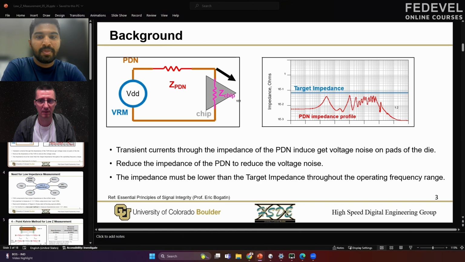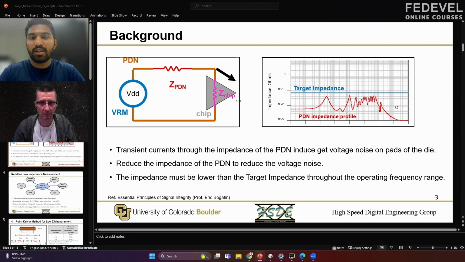Okay. I would like to talk a little bit about this ZPDN. What should people understand behind this, physically, not theoretically? So physically, what is this ZPDN? The impedance of the PDN will be the impedance of everything that comes in between the VRM and the pads of the die.